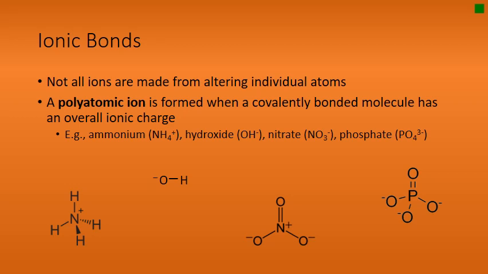Some of the more common polyatomic ions are ammonium cation, hydroxide anion, nitrate anion, and phosphate anion. The structural formula for these four ions is shown on the slide. So you can see the order of attachment and you can see the covalent bonds that exist within the charged ion.